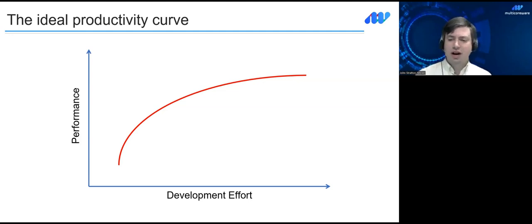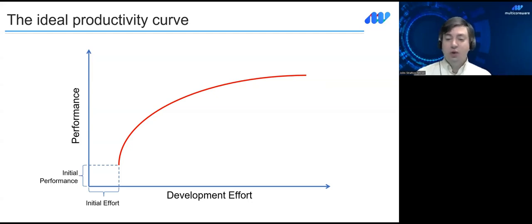I want to call out a couple of things about this graph that I think relate to our ideas and conceptions about how software development works. First of all, at the bottom left corner, we all expect that there's going to be some initial development effort to get your first minimum viable product, your first prototype, the first version that is functionally correct in terms of your overall application.